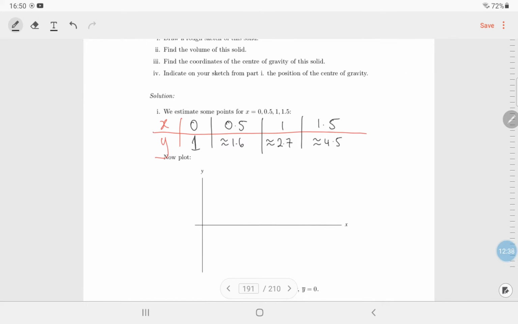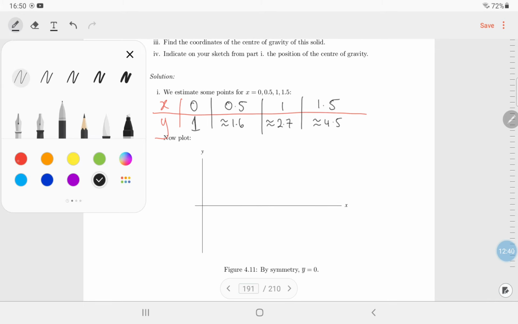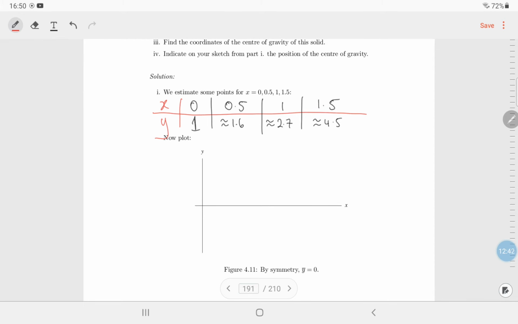Now again, we won't go to scale, but we won't worry about it too much either. So we're going 0.5, 1, 1.5, and we're going 1, 2, 3, 4, 5, and minus 1, minus 2, minus 3. Didn't work very well there. Let's start that one again. 1, 2, 3, 4, 5, and 1, 2, 3, 4, 5.